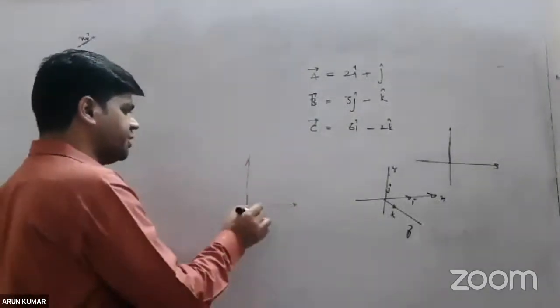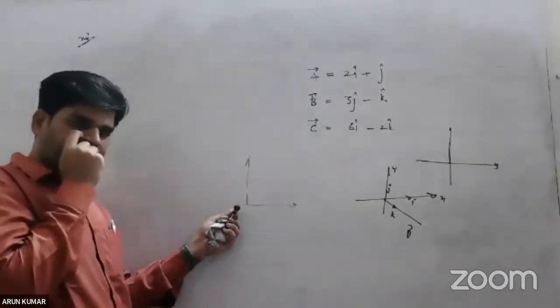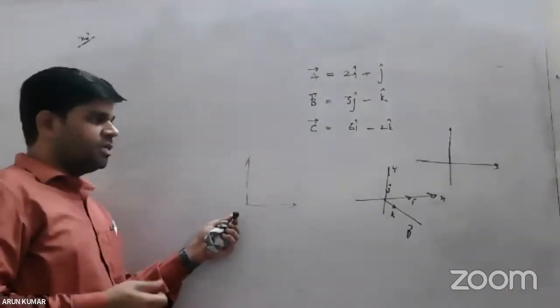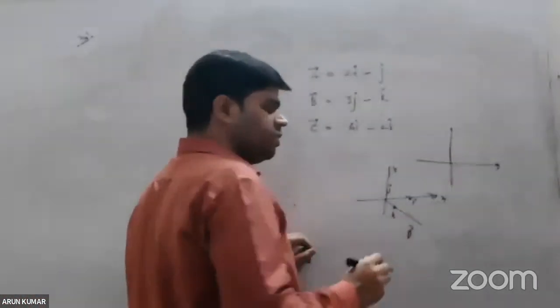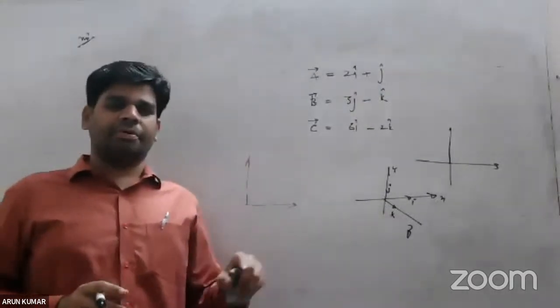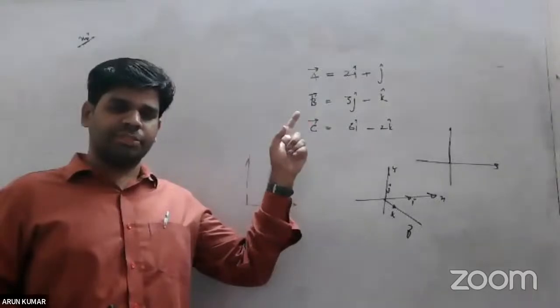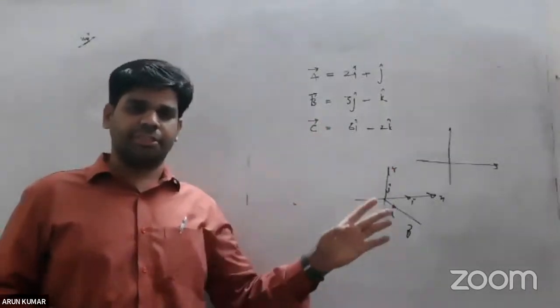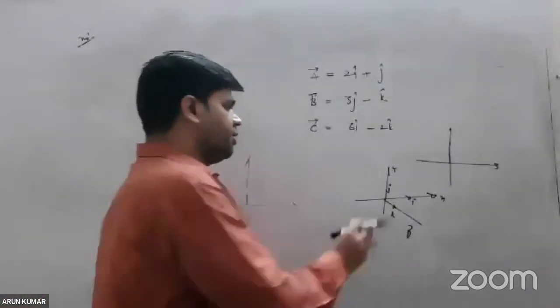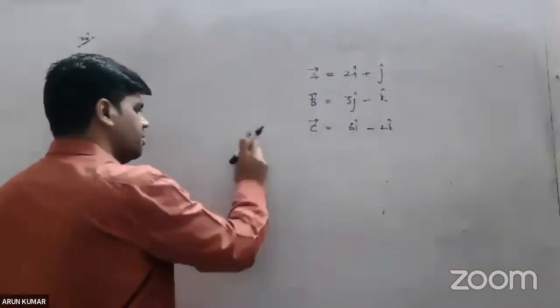Geometrically I'm adding these two vectors, the resultant of that, and I'll add that to the vector along the z direction. A unit vector along z direction is given by k cap. i cap is along the x direction, j cap is along the y direction, and k cap is along the z direction. Now again, all I have to do is simply add corresponding components.